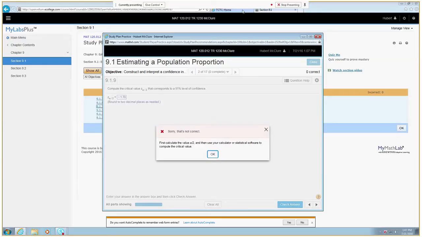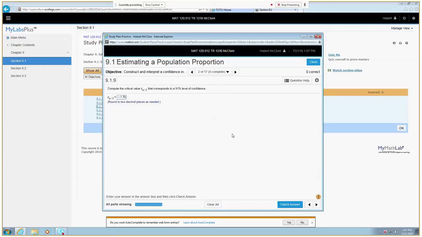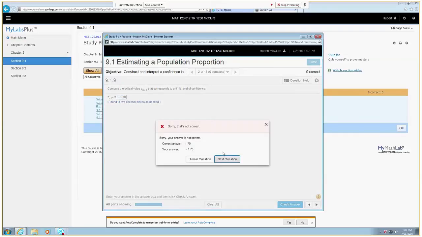I might have rounded wrong. Let me see what they put. Oh, it's 1.70. I'm sorry. Did I have negative on the spreadsheet? Yeah, all the way down. Okay, change them to positives. My bad.